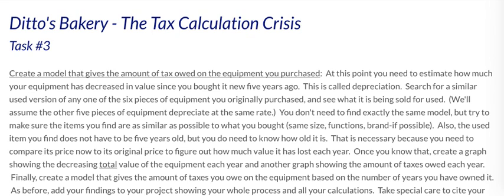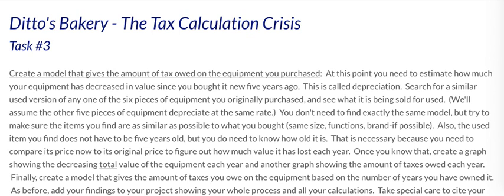You can use a process similar to what we did with task number 2. You're going to create a graph showing the decreasing total value of the equipment. So don't do each separate piece of equipment, just do a total value of all 6 items each year, and another graph showing the amount of taxes you owe for each year.